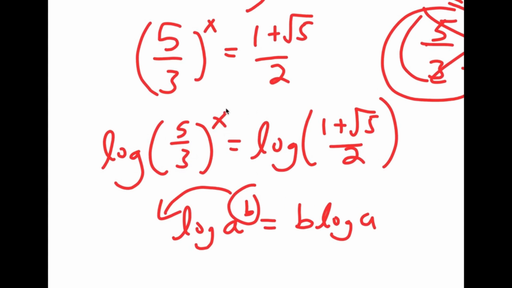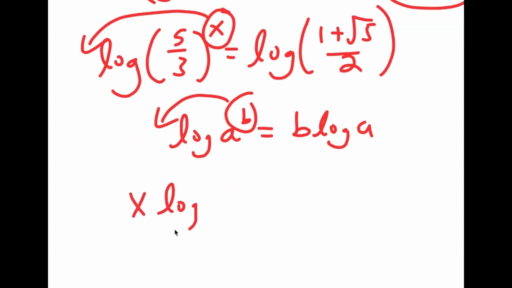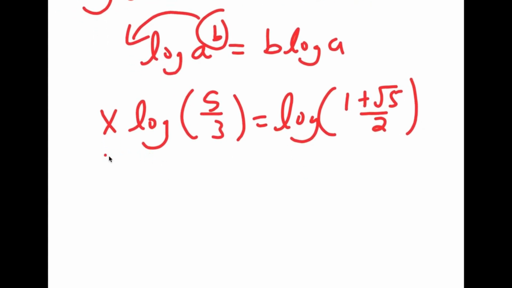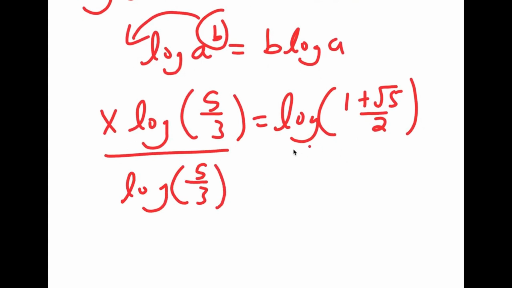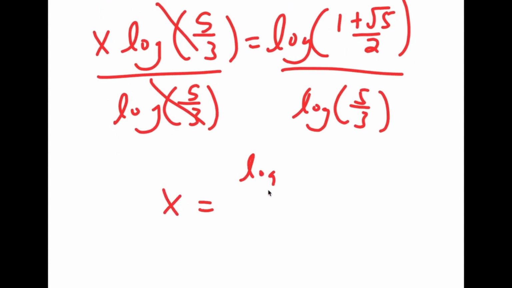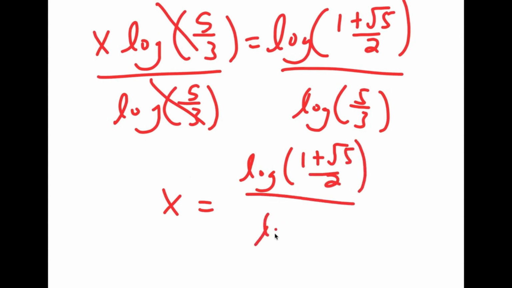So in this case, I have log of 5 over 3 to the power of x, and I can move x to the front, so I get x times log of 5 over 3 is equal to log of 1 plus the square root of 5 over 2. Now if I divide both sides by log of 5 over 3, these two cancel out, and I get x is equal to log of 1 plus the square root of 5 over 2 over log of 5 over 3.